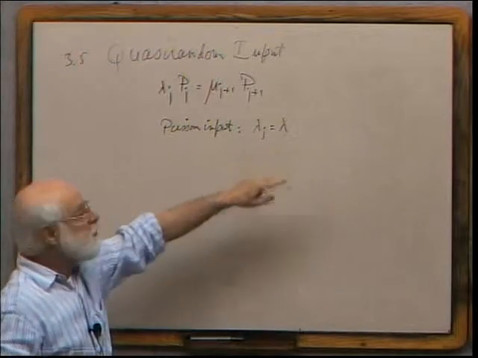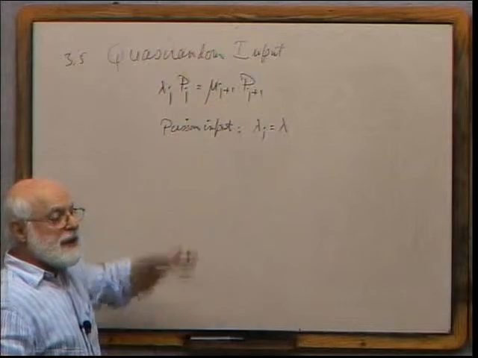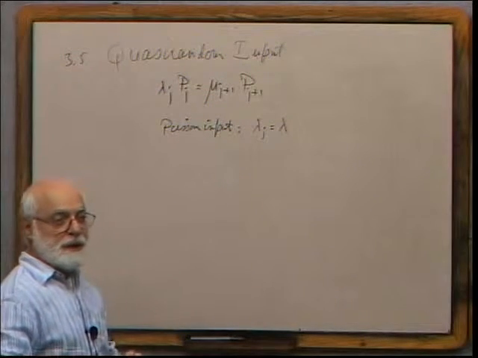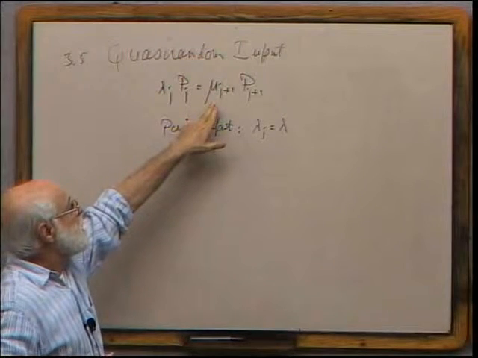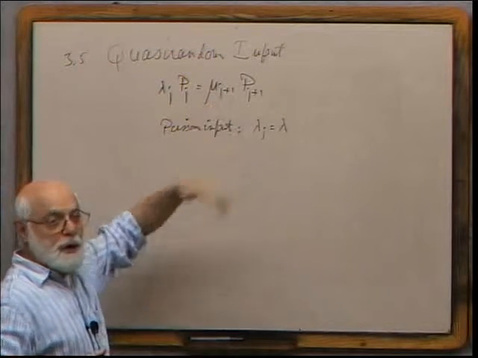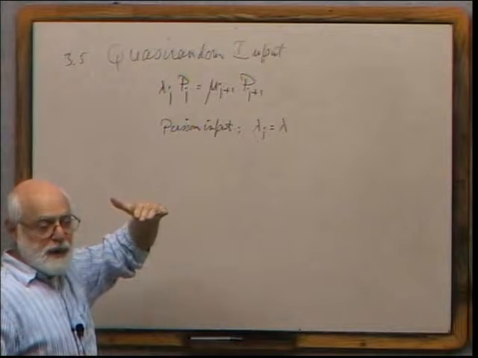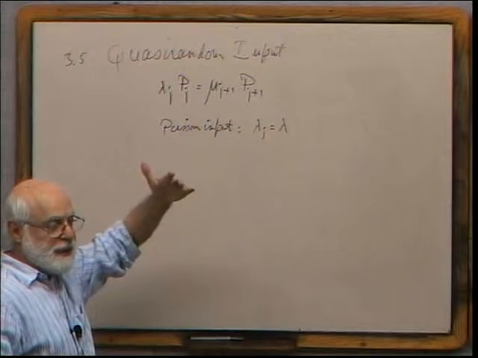The mu j's, that's what specified the queue discipline, because if you remember, for example, when blocked customers were cleared, all the mu's are 0 for states that correspond to more customers present than there are servers.